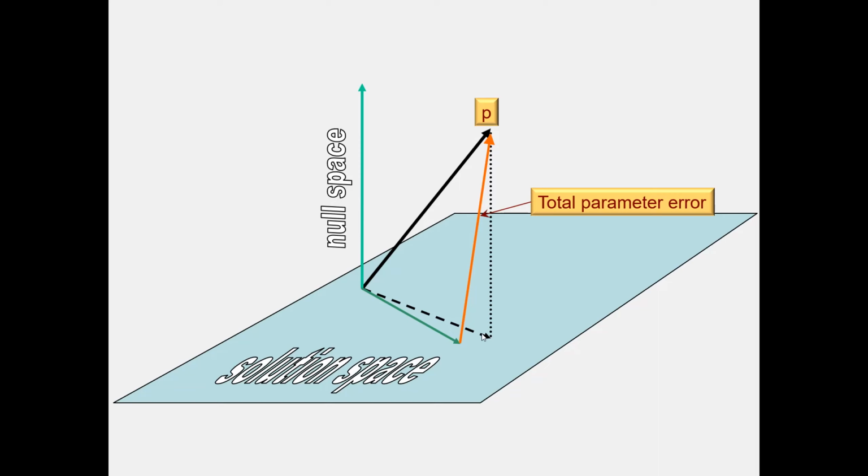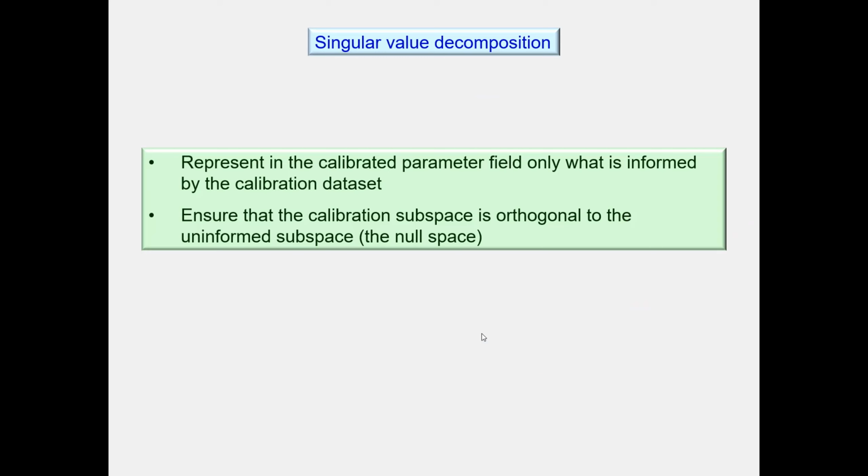The result, as we have seen, is a subdued form of reality, a shadow of reality on a small dimensional space. Gives me a good fit with the data, but the difference between the parameter field that I come up with and reality could be very large indeed. But I have minimized my potential for parameter and predictive error by adopting that course of model calibration.